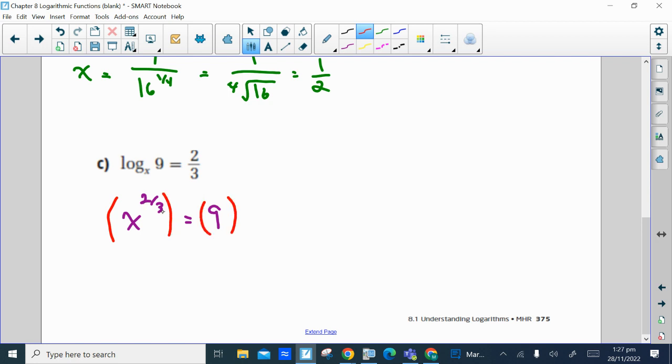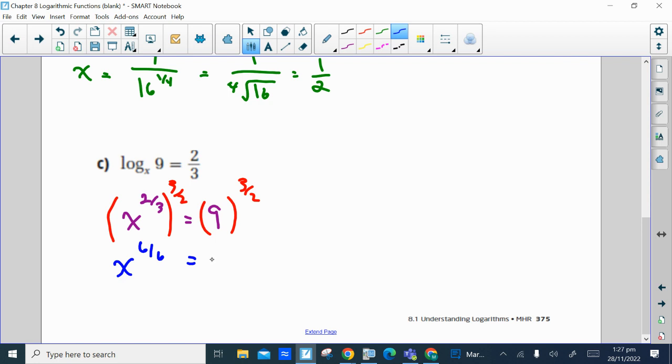And to get this power 2/3 to become 1, I raise both sides to the power that's the reciprocal of 2/3. The reciprocal of 2 over 3 is 3 over 2. And the reason this works is because now, when I multiply these exponents, I'll get x to the 6 over 6, which is 1.